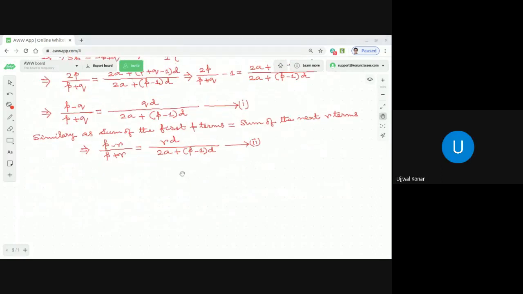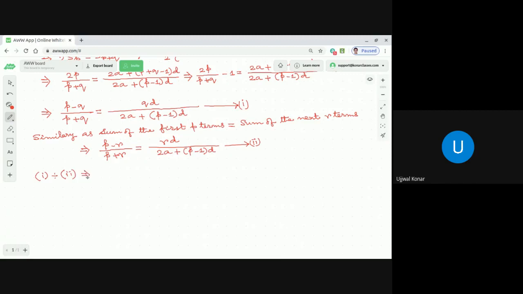So now let's divide equation 1 by equation 2. That means, in simple terms, equation 1 in the numerator divided by equation 2 in the denominator, on the left hand and right hand side. Let me write properly. Equation 1 with equation 2.